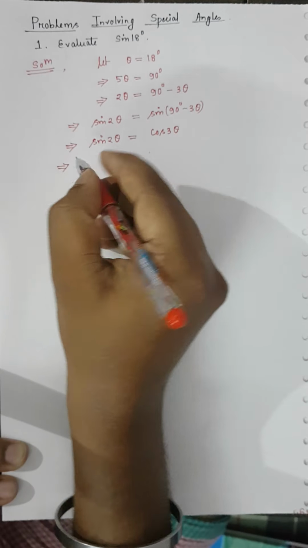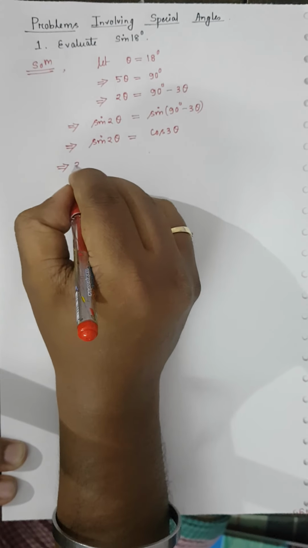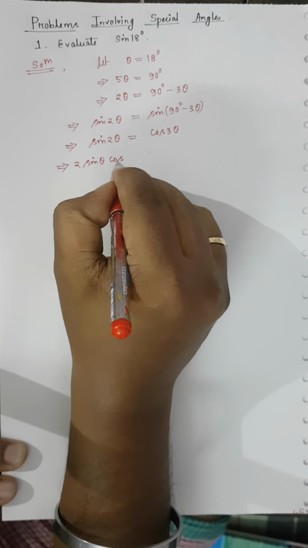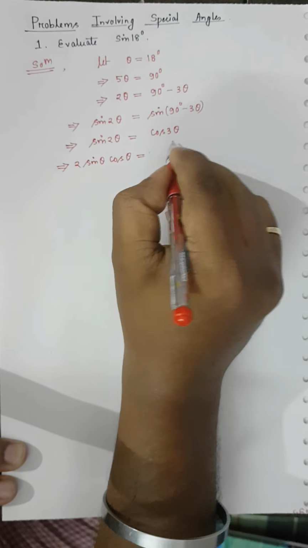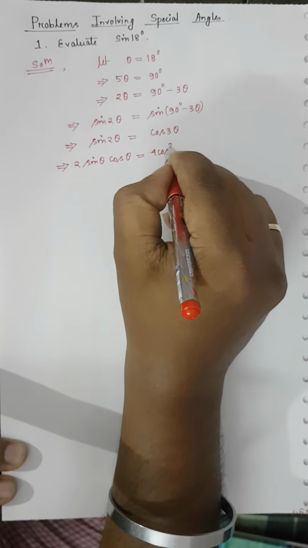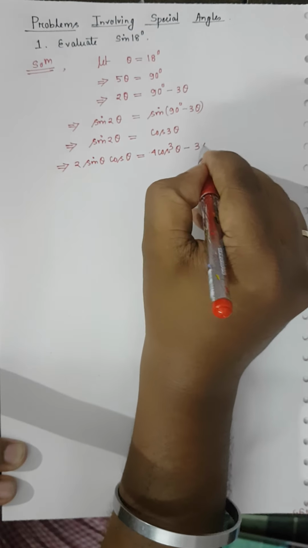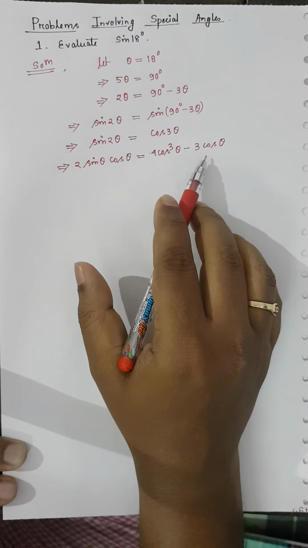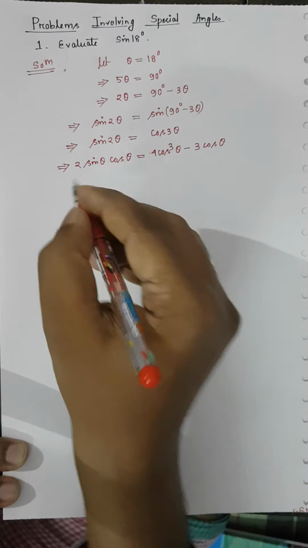Now if I use the formula of sine 2 theta, I will have 2 sine theta cos theta, and for cos 3 theta the formula is 4 cos cube a minus 3 cos a. You can see on both sides there is a common factor cos theta.